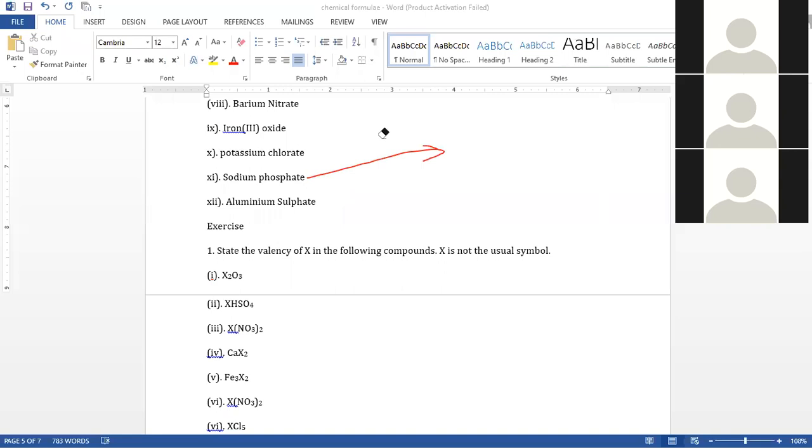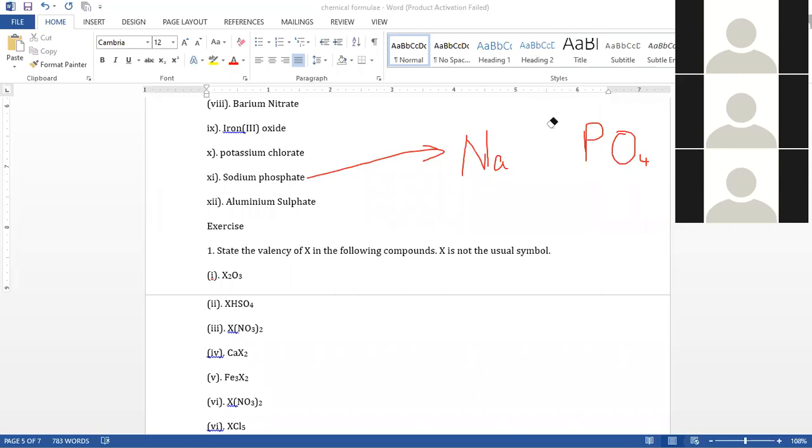I need all of us to get our tables for radicals and to get the valences, so that as I'm writing, we can move together. Sodium phosphate, that means we have sodium as the metal and we have phosphate as the radical. So let's all check our table of radicals.